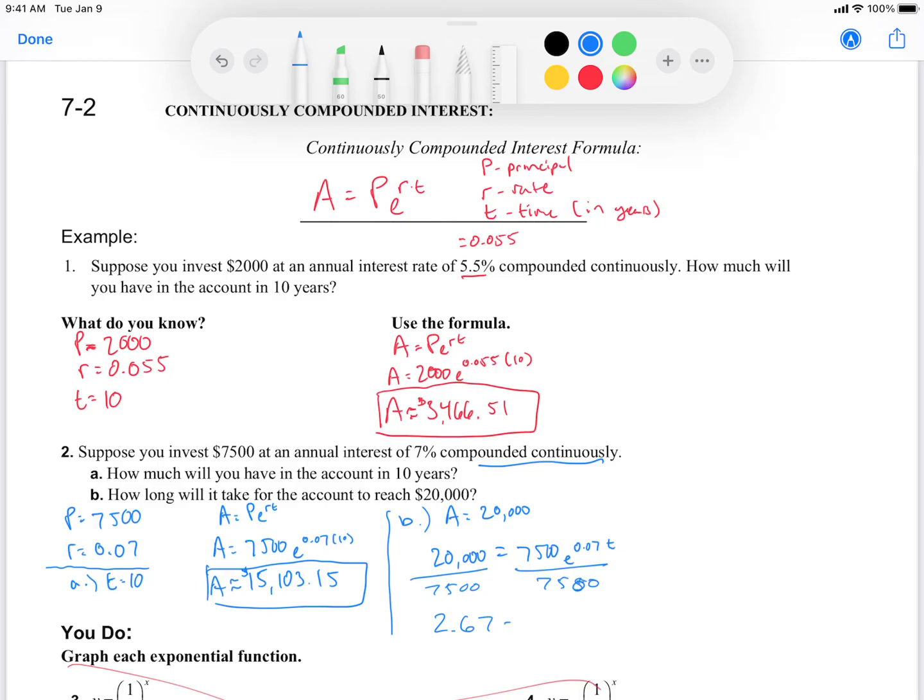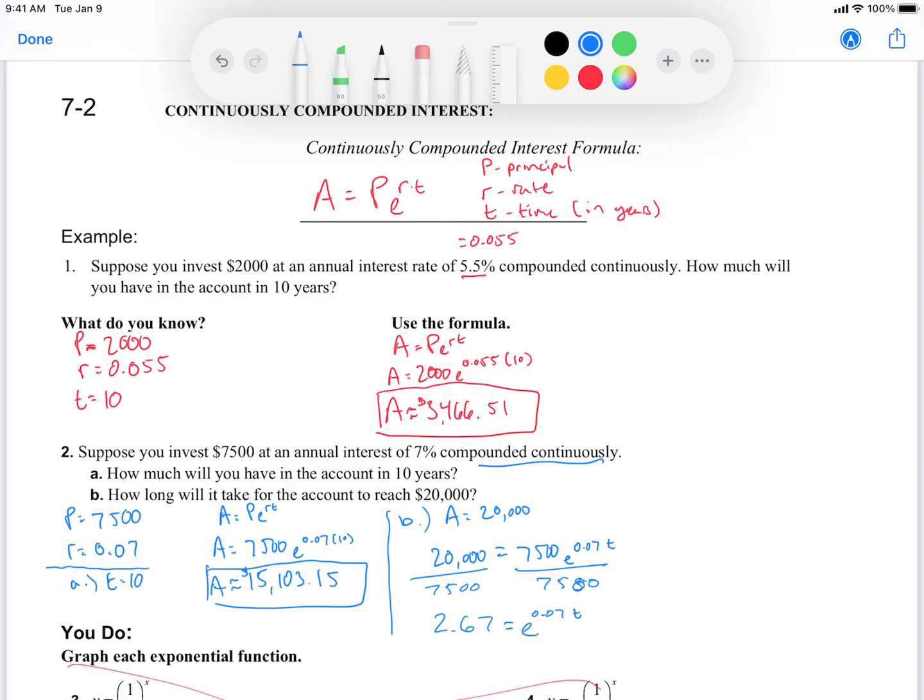And that's equal to e to the 0.07, sorry, I need parentheses, apologize, times t.